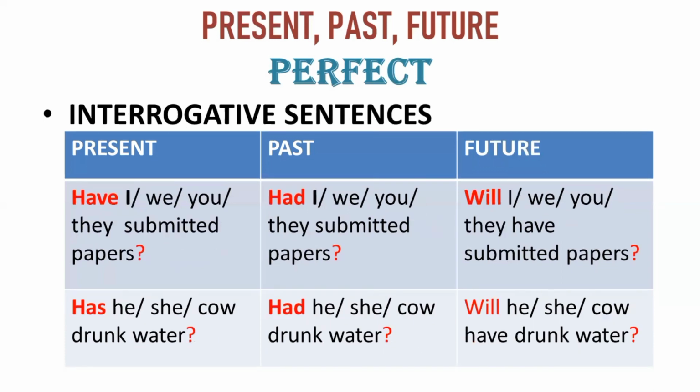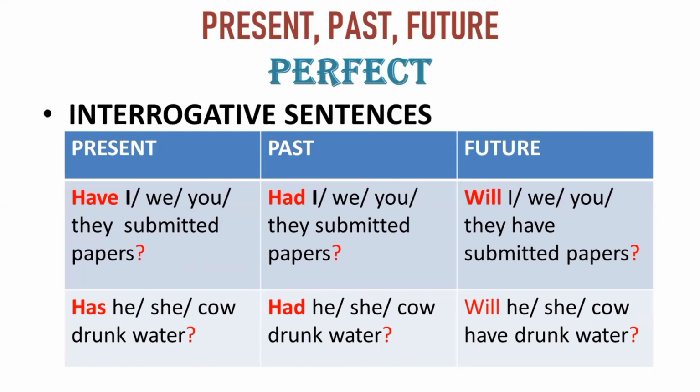Moving on to interrogative sentences. In interrogative, again, it's easy. Just shift the helping verbs to the first position, and in the end, you have to use question mark. So that is how it happens. And the first example becomes, have I submitted papers?